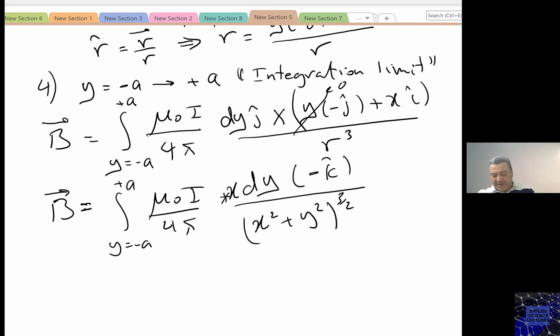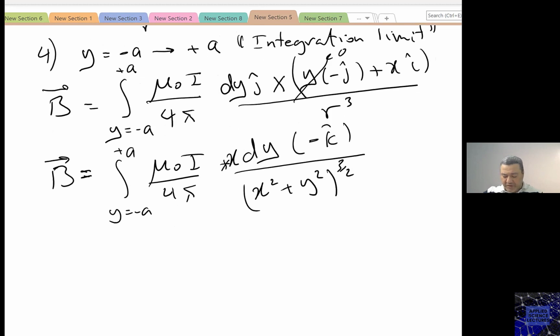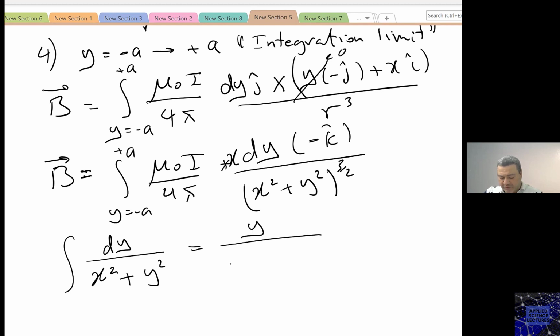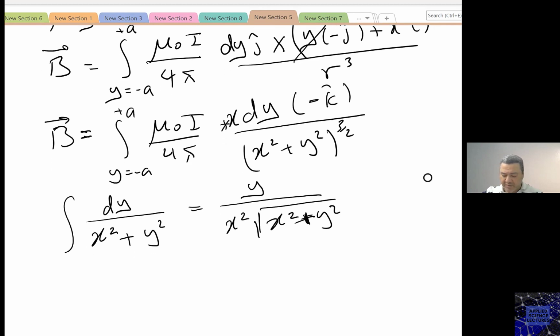So if you recall, this is the same function that we have seen using the table of integrals. We can find now the integral of dy over x squared plus y squared to the 3 over 2, and this is going to be equal to y over x squared times the square root of x squared plus y squared, which is the same function that we have seen in the electric field.